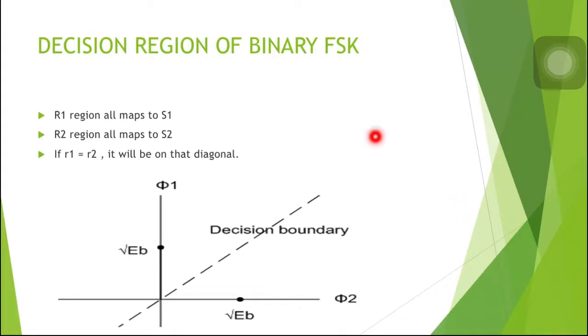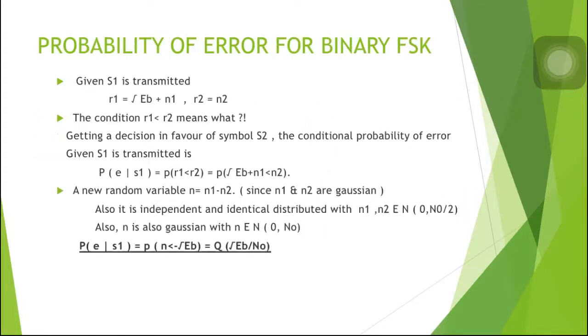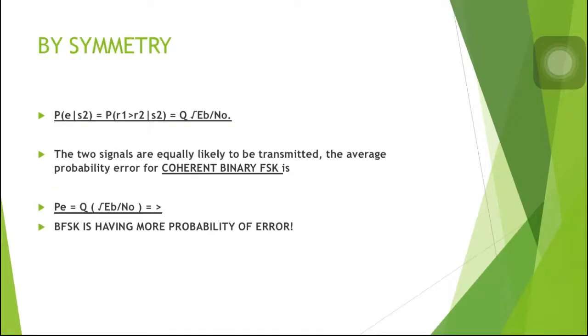We found the probability of error for binary FSK by solving this equation, putting in the values of R1 and R2, and by symmetry we get this result. We also found that BFSK has a higher probability of error.